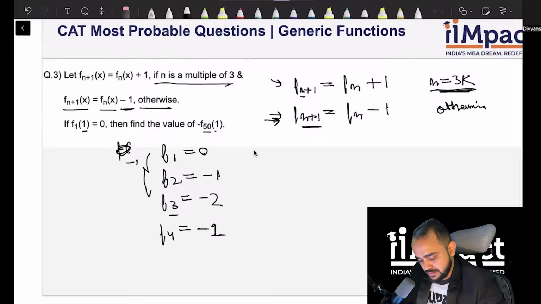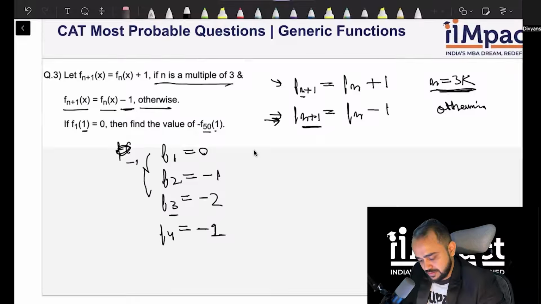Now we can speed up this process because we have realized that the next multiple of 3 will be n is equal to 6, which will give you n plus 1 is equal to 7. So F7 is going to follow the other rule of the addition. Everything else is going to follow the negative rule. So F5 is going to be minus 2, F6 is going to be minus 3, and F7 is going to be minus 2.